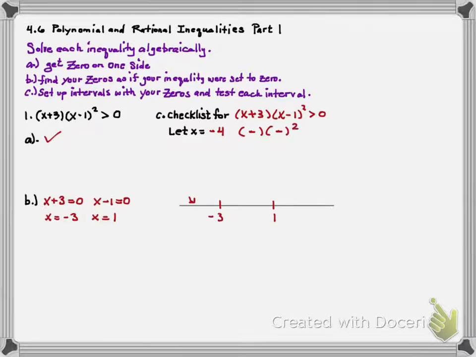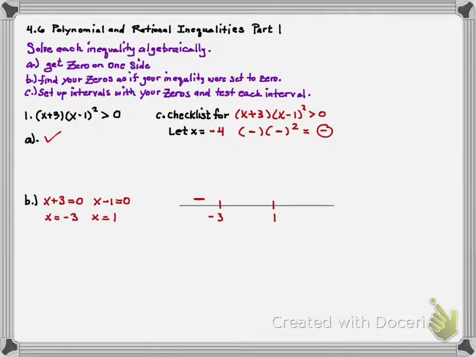So it's a negative times a negative times a negative, which is a negative value, not bigger than 0. I'll put a negative symbol on the left-hand side of -3.